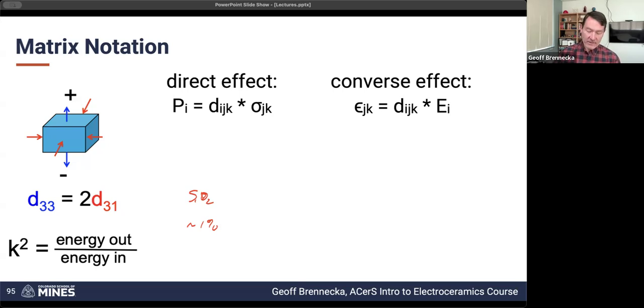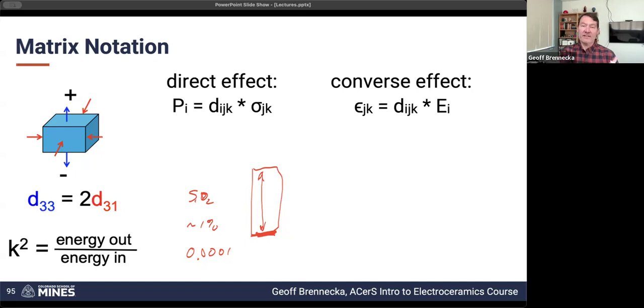And so I use that as an example because if we have this total amount of energy that we're putting in, even though quartz is only converting that amount, 1%, between electrical and mechanical energy, its loss is very, very low. So its loss may be significantly less than 1%. So that means that all of the rest of this, even though it's not being converted between electrical and mechanical energy, it's still staying as the other one, whatever the starting energy was.